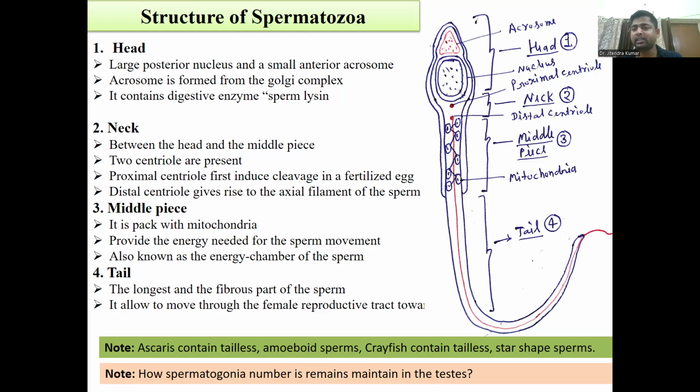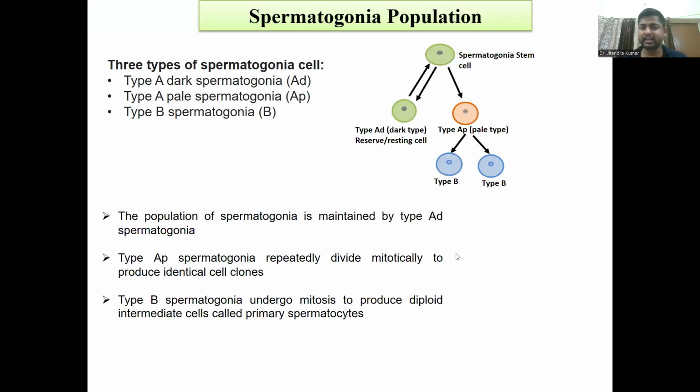But in males, no such menopause condition is present, because the number of spermatogonia is maintained in the testes throughout life. So there must be some specific cell type that maintains this number of spermatogonia in the testes. Yes, there are spermatogonial stem cells. They maintain the normal population of spermatogonia in the testes throughout life.